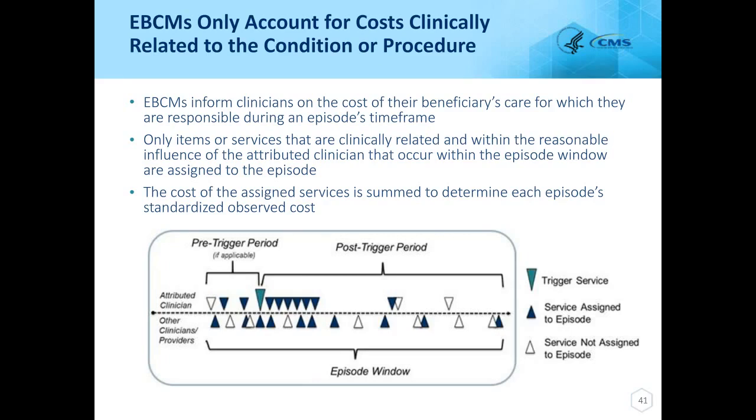You can see all the white triangles here represent services that have not been assigned to the episode, which could be for unrelated services occurring during this time. So for example, if this patient gets hit by a bus, then these services would not be included as it would be outside the reasonable influence of the attributed clinician. Next slide, please.